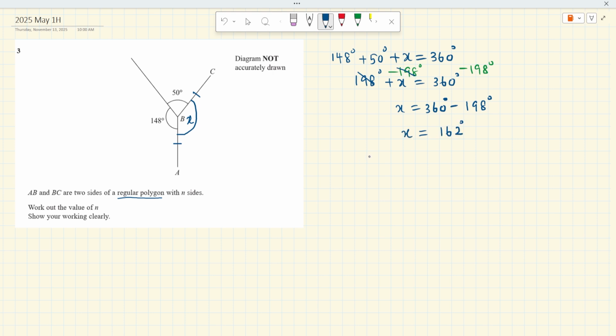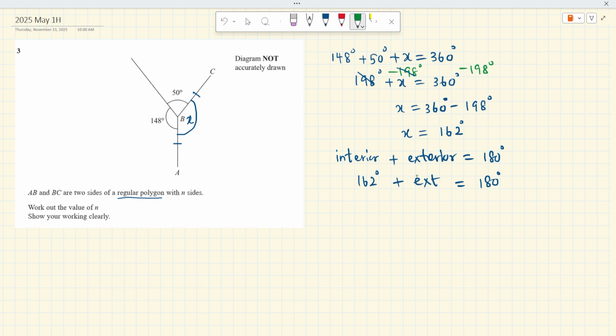To find the number of sides, we must know the exterior angle. So we know the interior angle. You know interior angle plus exterior angle equals 180. Then interior angle 162 plus exterior equals 180.